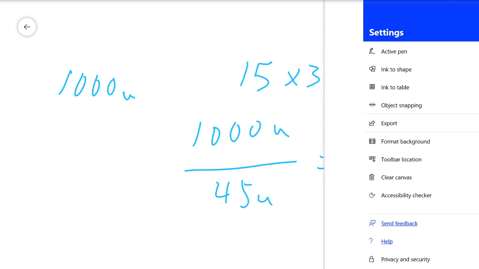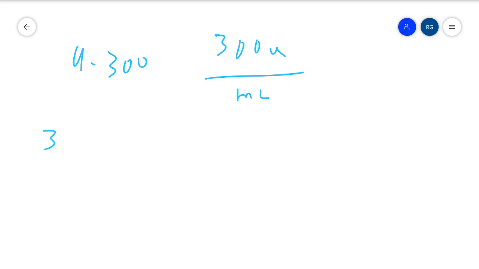All right. Number 3, kind of tricky. It's got U300, so that means 300 units in 1 mL. Total mL that we have on hand is 4.5. So we'll multiply 300 times 4.5. That gives us 1,350 units.